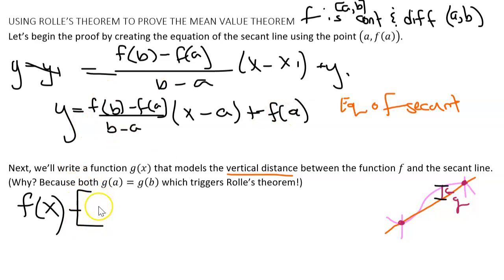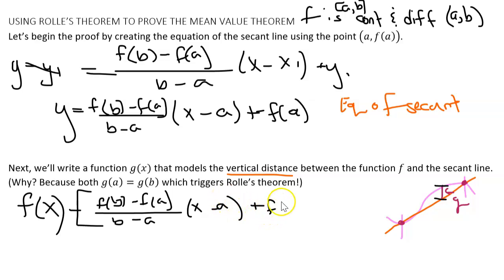So we're just going to bring that down in all of its glory: g(x) = f(x) minus (f(b) minus f(a)) over (b minus a), times (x minus a), plus f(a). Yay! All right, here's where the proof really comes together. And if you want to see a better picture than mine, you can always check out the picture provided by your textbook.